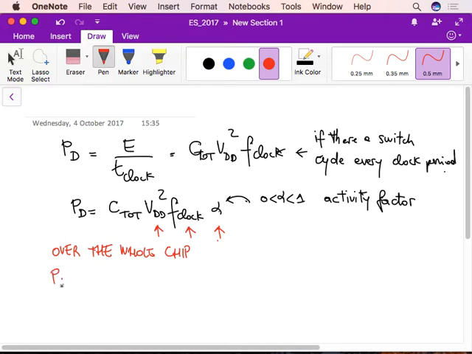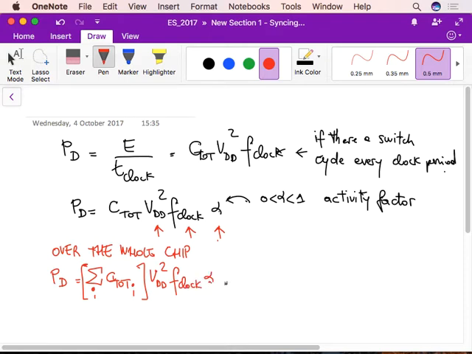So we have P dynamic equal to a sum over all the logic gates of all the capacitances times VDD squared times F clock times an average activity factor for the whole chip. So you have basically the chip capacitance times VDD squared times F clock times alpha. Okay?